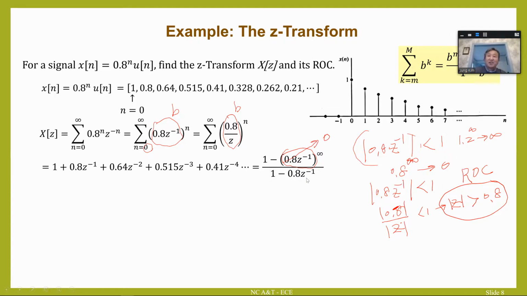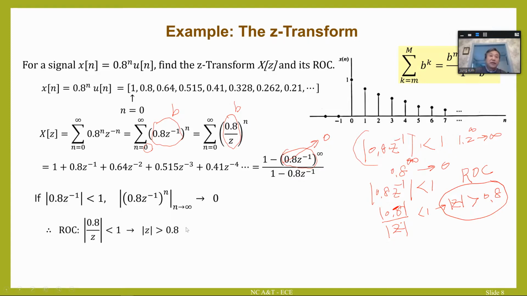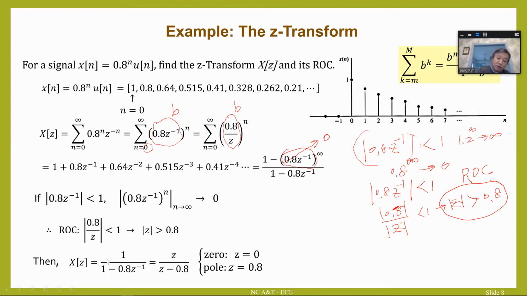In this condition, within the region of convergence, the conclusion is 1 over 1 minus 0.8 z to the minus 1. This is a causal form, but in order to find the pole and zero, we may need to go to the non-causal form.